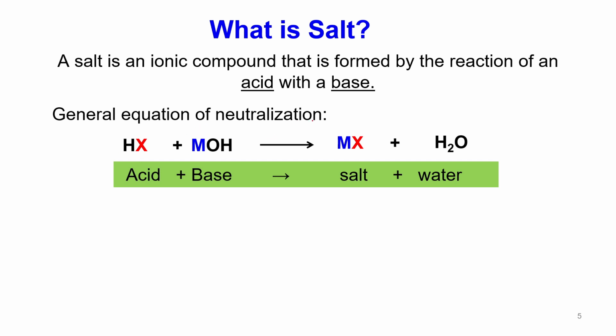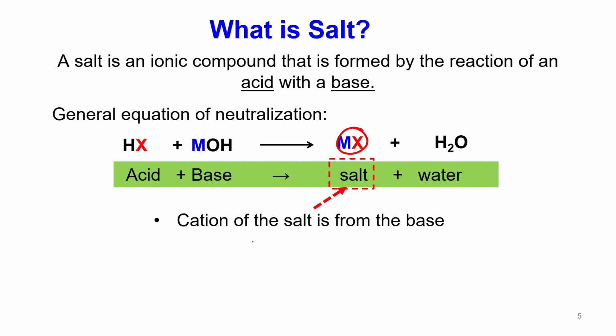It will produce MX, which is our salt, and H2O. The cation is from base and the anion is from acid. So acid kita ada X minus and then M plus. M plus dengan X minus combine, dia akan menghasilkan salt.